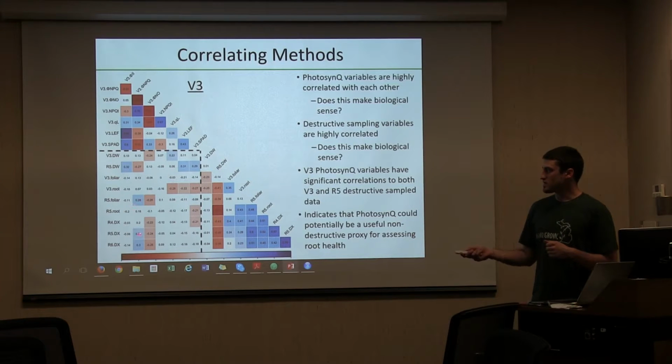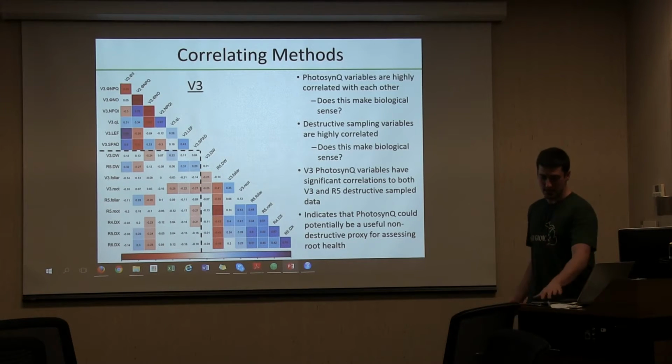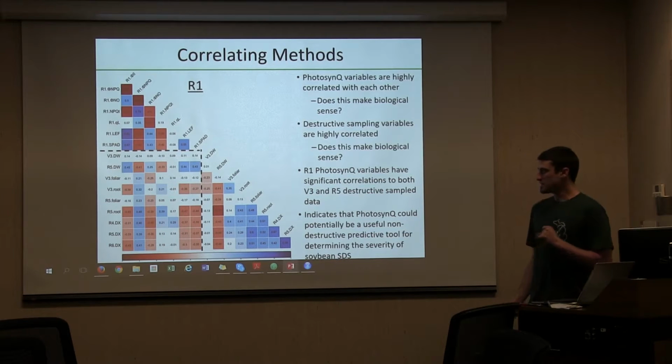Another trend we're starting to see is this significant negative relationship between V3 phi-NO, and V3 phi-NPQ has a positive correlation with our R5 disease ratings. But that becomes even more prevalent at the R1 stage.